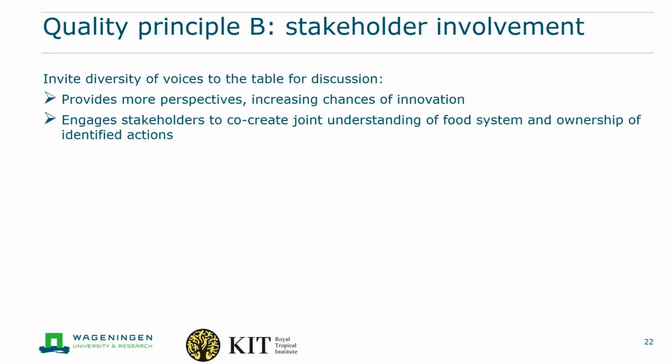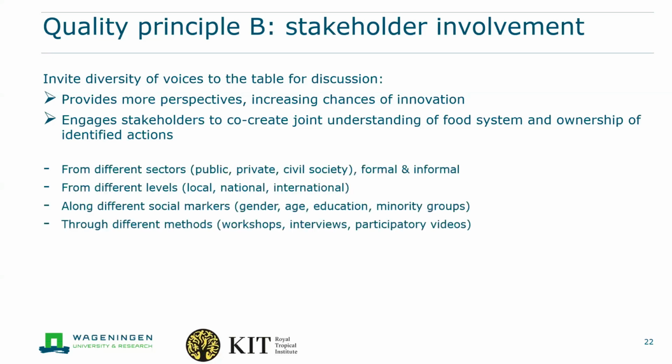You have more different perspectives, and co-creating an understanding of the food system is often a good step to, together with these stakeholders, also think about what does that then mean concretely for solutions, entry points, interventions that can help to change the system in the right direction. And I think it's important to have stakeholders from different levels, different sectors, different social markers, and also use a variety of methods to engage stakeholders.